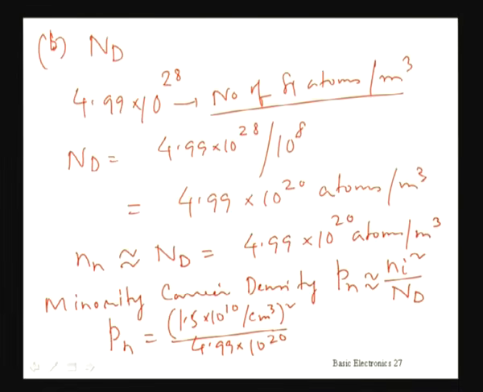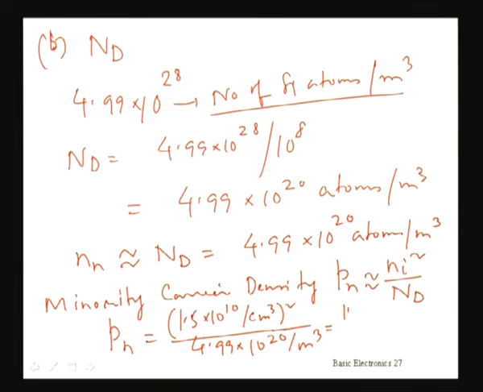But in this way, it will be wrong if I do like this, because this is in per meter cube. So, I have to bring this numerator to the same unit as in the denominator. So, I will have to bring this centimeter cube to meter cube. So, 10 to the power minus 2, we will have to multiply it to get it into meter.